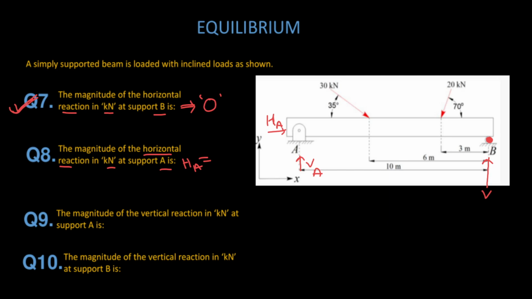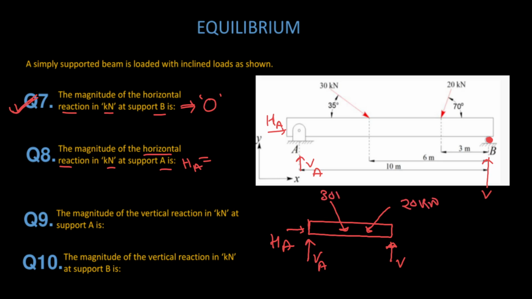For calculation of support reactions, you need to draw the free body diagram of the beam. Okay, here again you show the reaction forces: the vertical VA and the horizontal HA. Here is an inclined force, and here again is an inclined force. This is 20 kilonewton, this is 30 kilonewton.